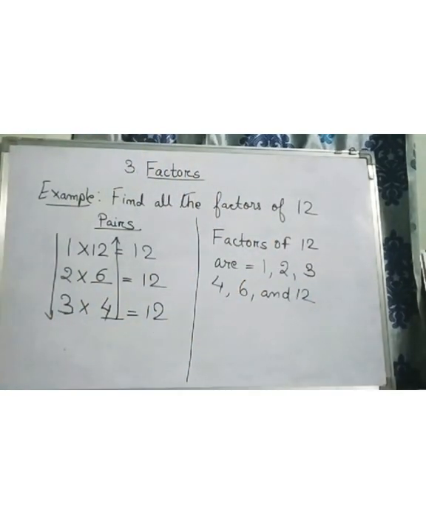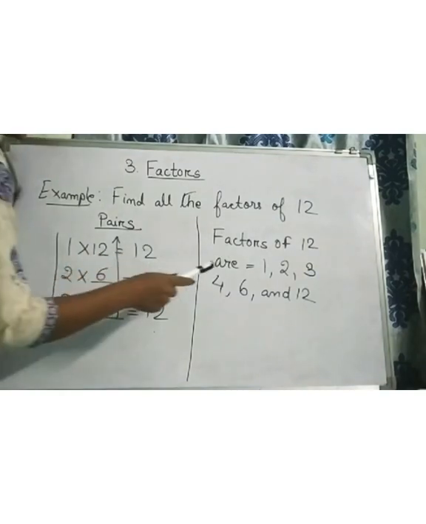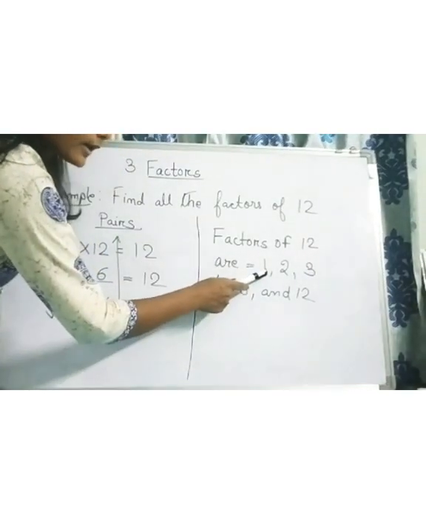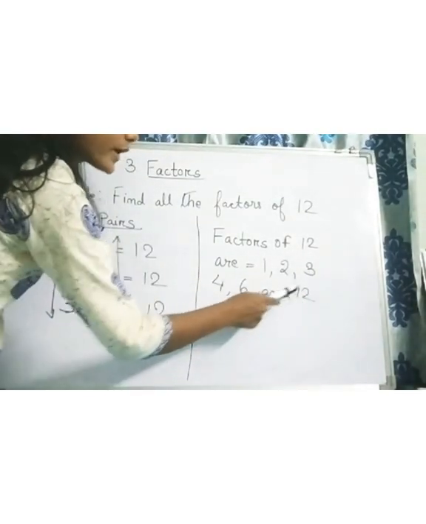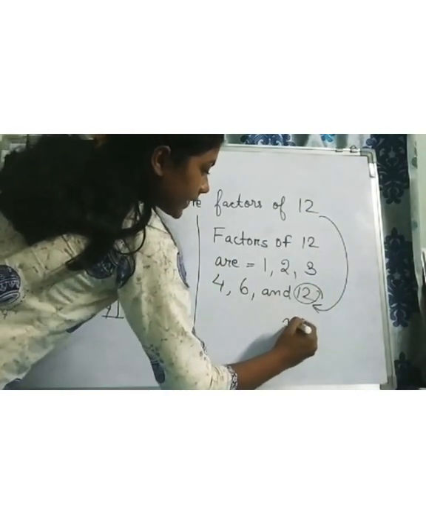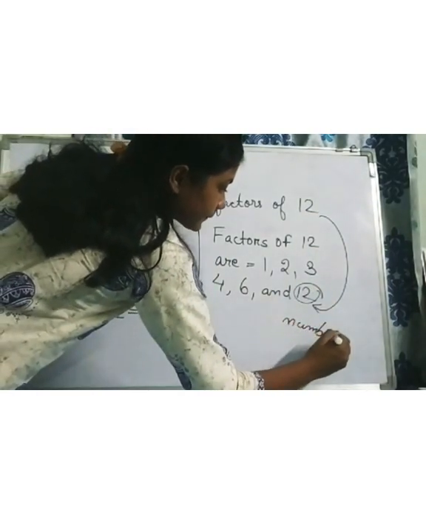So these are the factors of 12. Here you can see the least factor of 12 is 1 and the greatest factor is 12, that means the number itself. Yes?